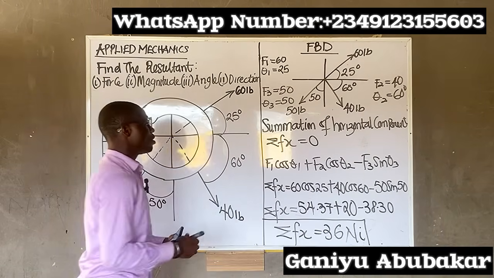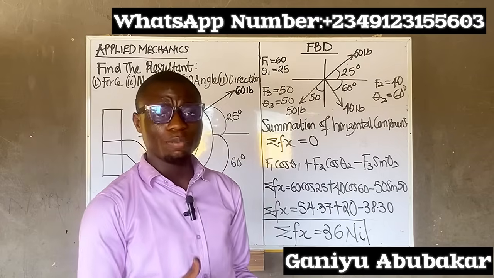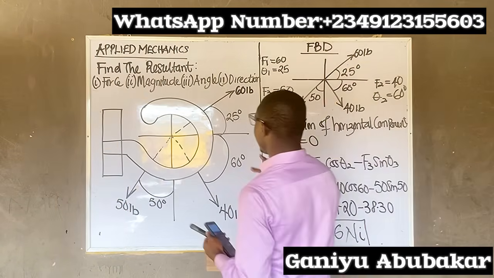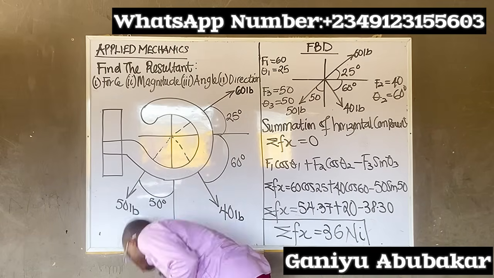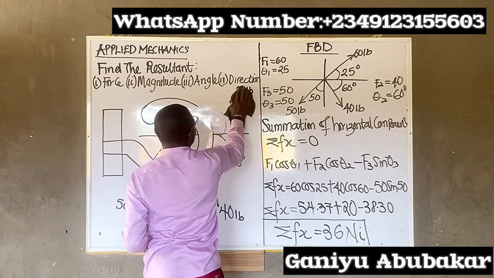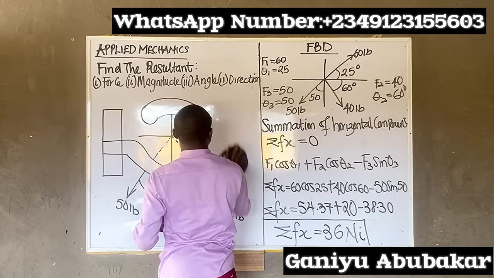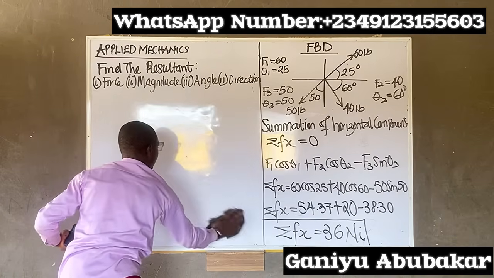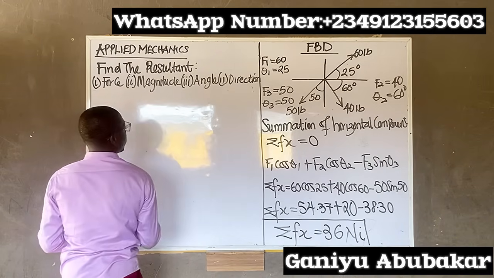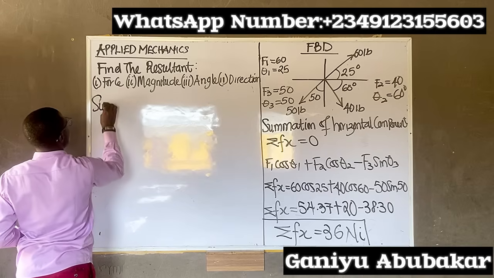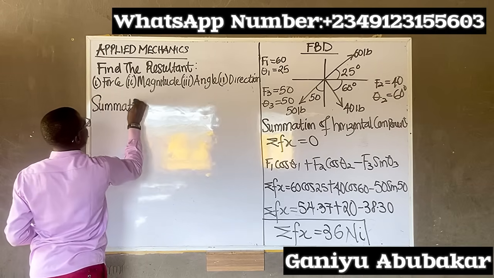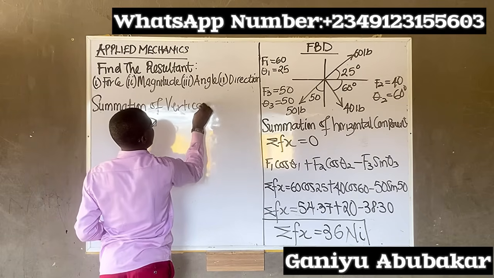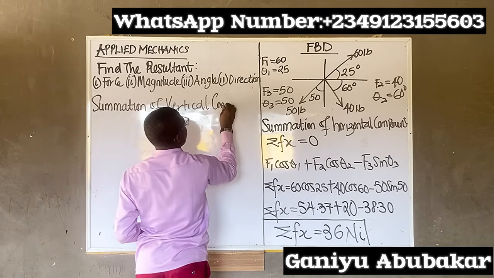All right. Next task, apply the second condition of equilibrium, which is summation of vertical components. So I'll take this diagram off and see what we get. So summation of vertical component.